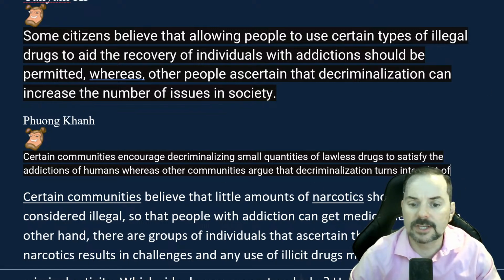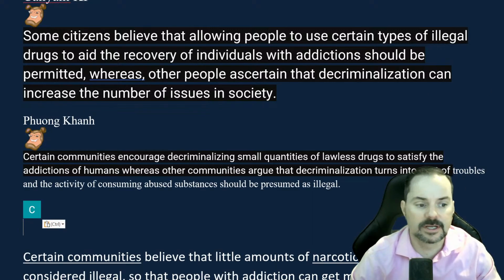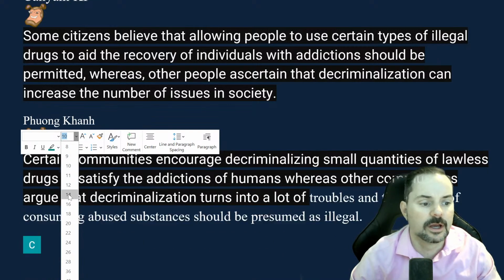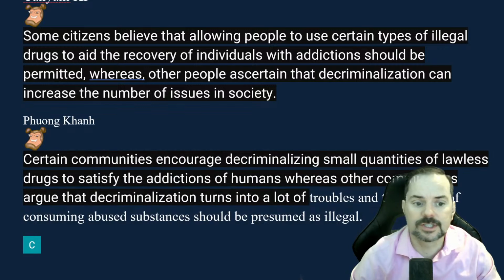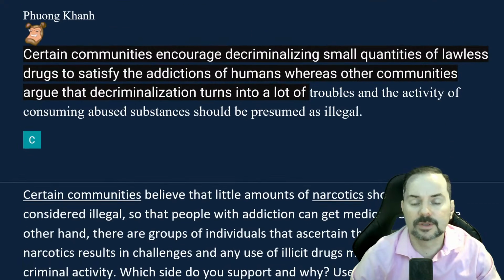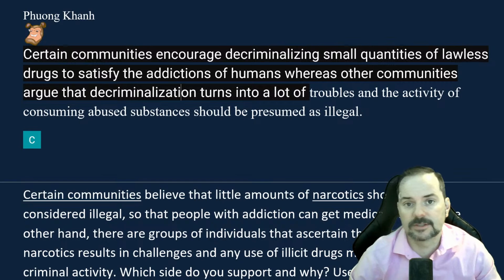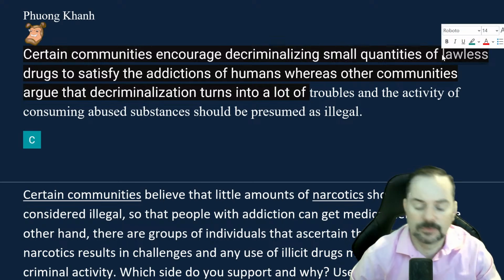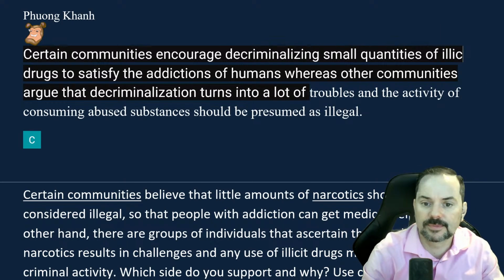Now, do pay attention to everybody's paraphrasing because, as you should be doing, there are lots of words and sentence structures that you can learn from each other and implement in your essay. Certain communities encourage decriminalizing small quantities of lawless drugs, of illicit. We don't say lawless in this case.